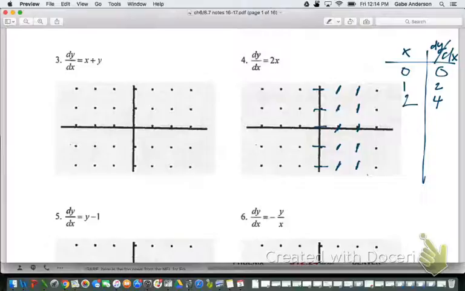And then, of course, when x is 3, slope is 6. So that's going to be even steeper. It's going to appear to almost be vertical. It's pretty hard to draw. Maybe something like that. Again, we're looking for a steepening pattern as we go to the right. And then on the negative side, of course, you're going to have something similar going on. When x is -1, slope is -2. And so it's going to have some nice symmetry here.